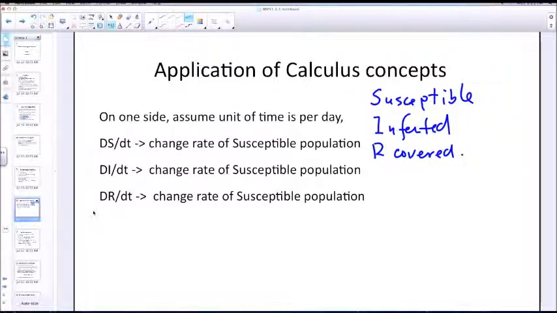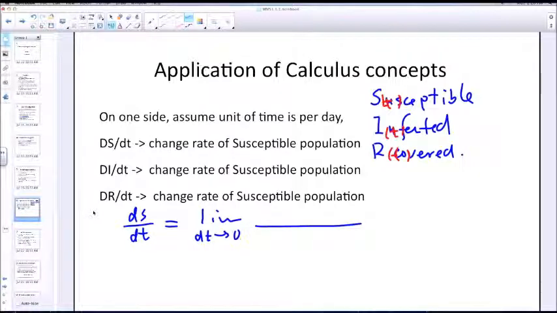So those all change over time, so I would write this as a function of time t. And from calculus, we learned the derivative over t is defined as the limit when dt goes to 0 of the change in the population: the population right now, subtract the population a moment ago, and divide by dt. So that's the formal definition of derivative.